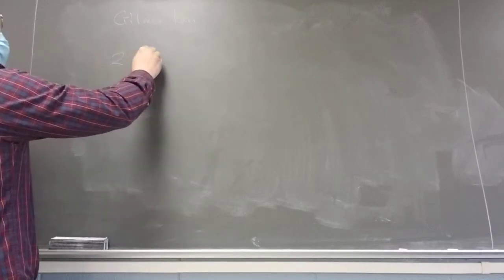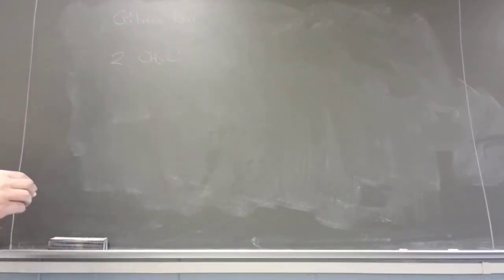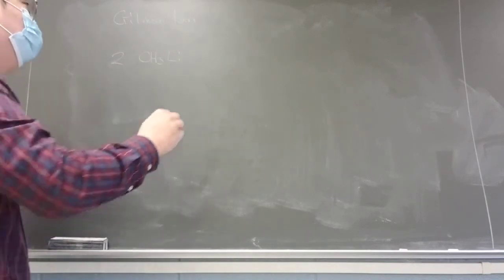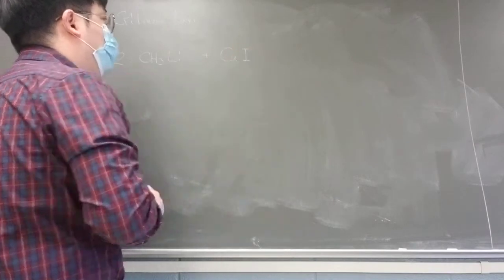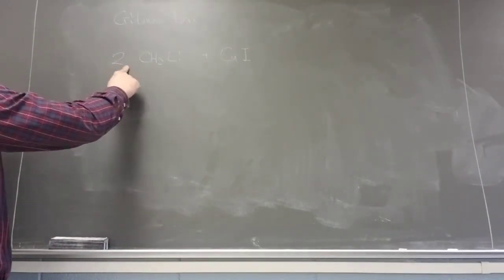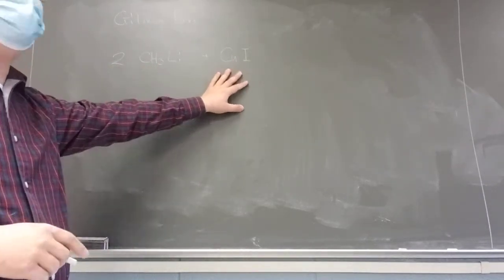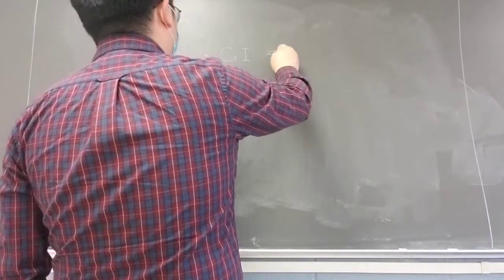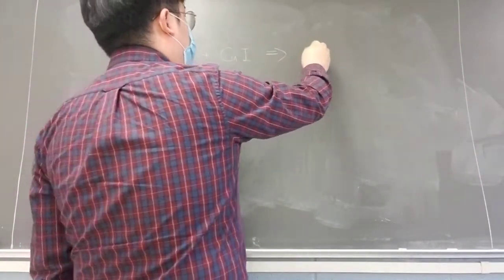So whenever you have methyl lithium, you can treat it with copper(I) iodide here. Okay. So there will be two methyl lithium interacting with the copper(I) iodide here.